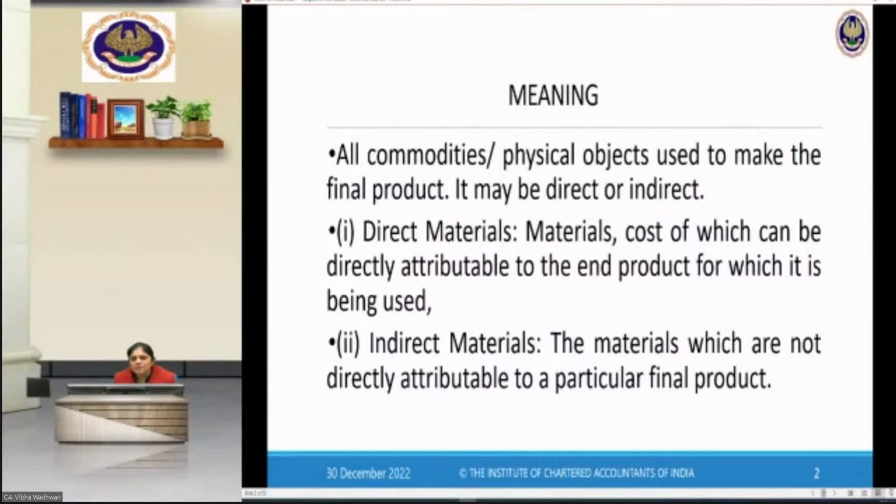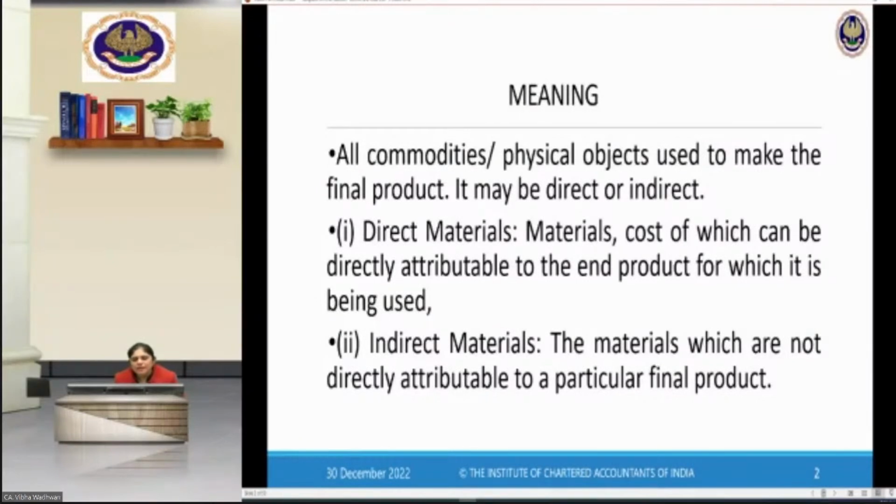Direct materials are those, the cost of which can be directly attributable to the end product. End product means the final output for which it is being used. It can be directly identified; we know exactly how much material is used in a particular product. That is the meaning of directly attributable, directly identifiable, or directly allocated to the product.